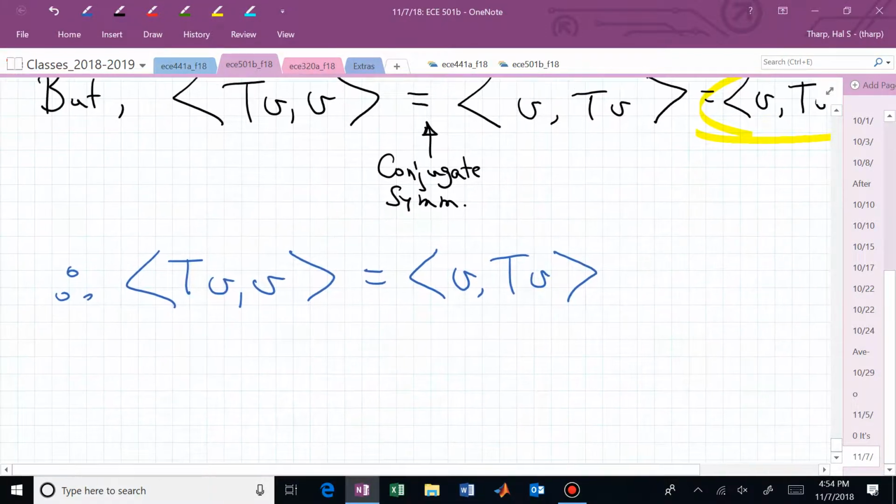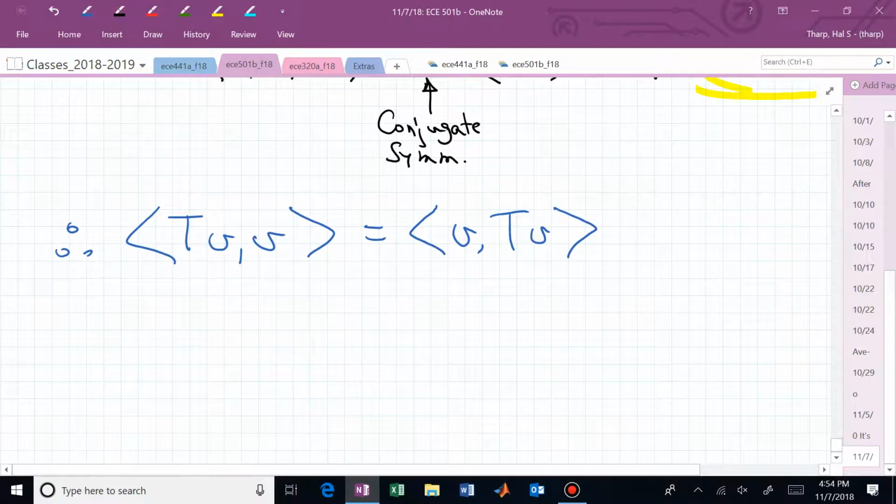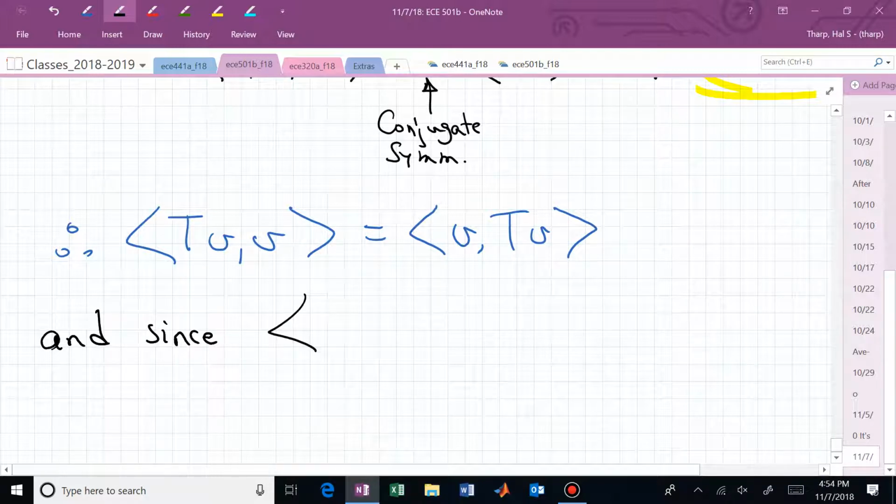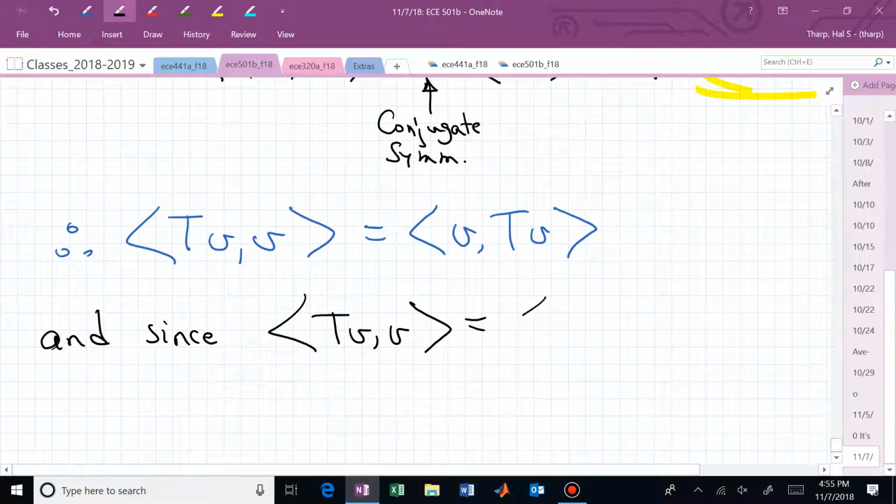But now that allows me to say something, since for TVV, if I applied the concept of an adjoint, what would that equal?